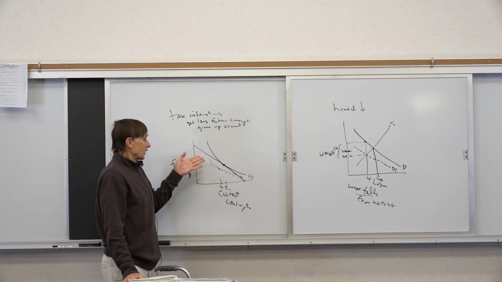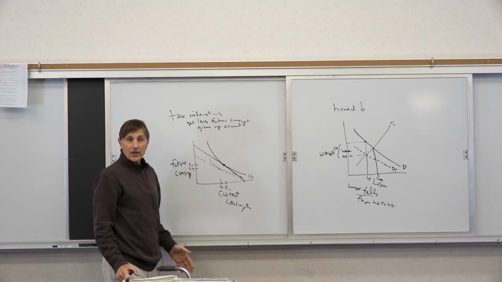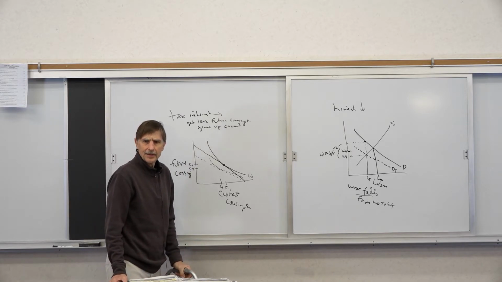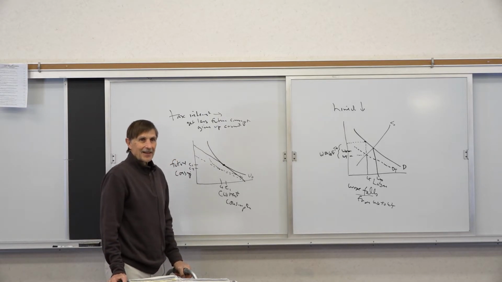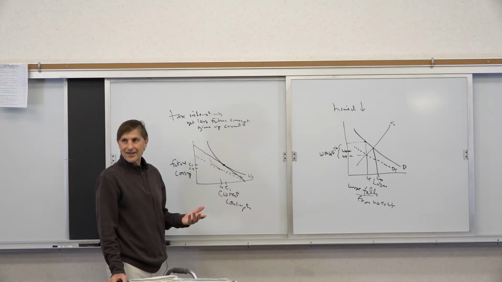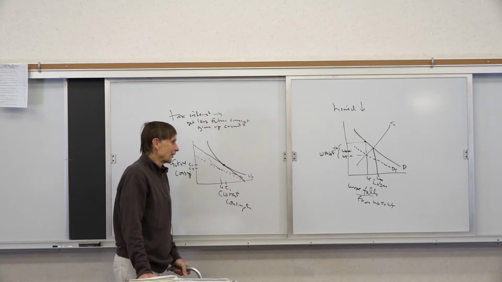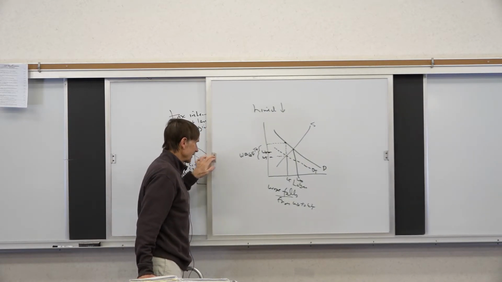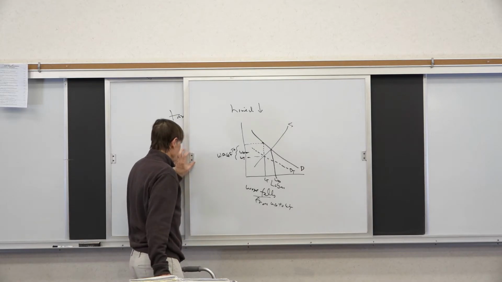Now, what am I also going to do? Okay, so that tells me what's going to happen. If I want to ask what the excess burden of this is, well, I've got to look at the income and substitution effects, right? And how do you do the income and substitution effect?